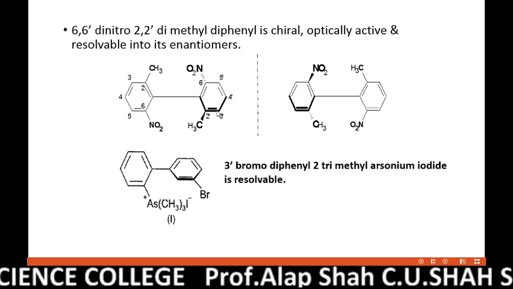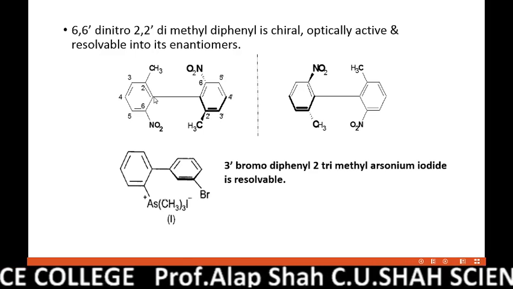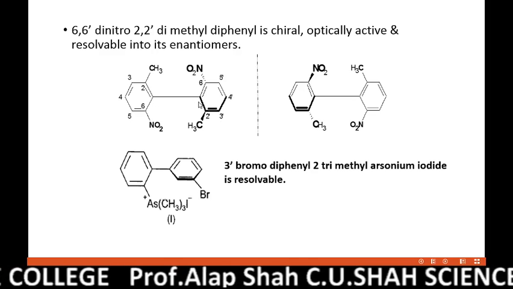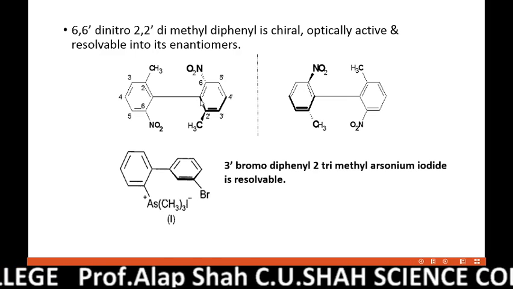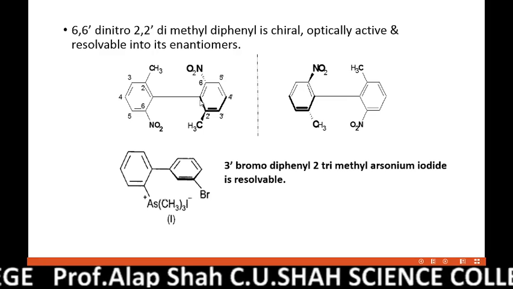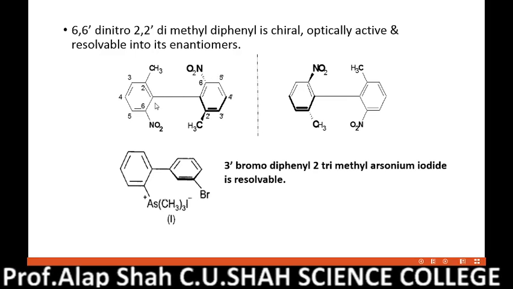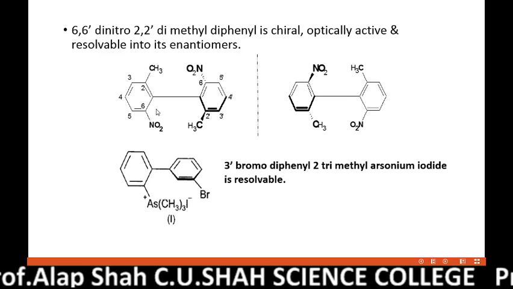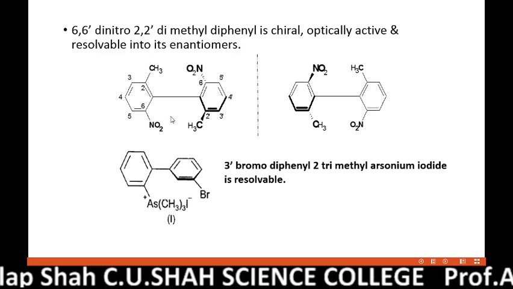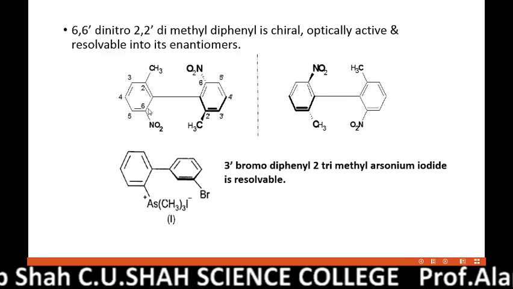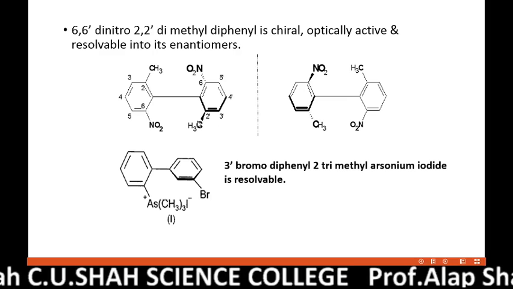Whenever we are doing nomenclature of diphenyl, you can see that both these carbons are the first carbon, but in any one of the rings, to distinguish the carbons, we will use the numbers 1', 2', 3', 4', 5', and here simply 1, 2, 3, 4, 5, 6. So the name of this is 6,6'-dinitro-2,2'-dimethyldiphenyl.